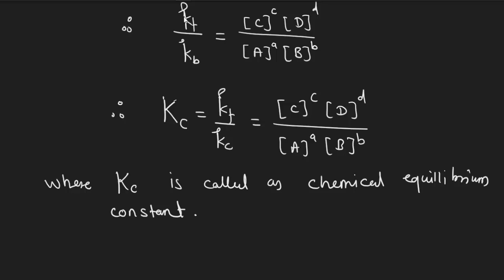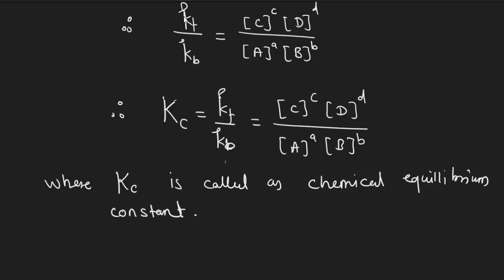What is the equilibrium constant? It is the ratio of forward rate constant to the backward rate constant. Here it is Kb, I'm sorry for that, Kb.